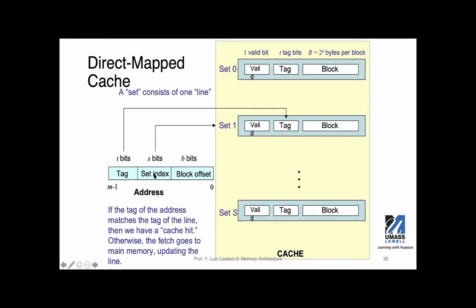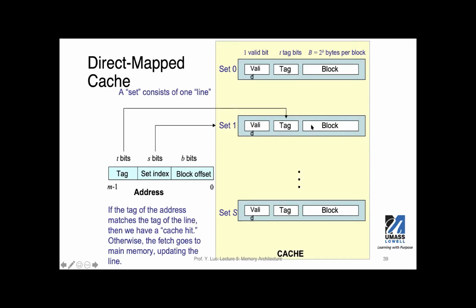Now, if we have data in, let's say, set number 1, let's say this 8-bit field is 00000001. So that's going to be set index 1. That will guide us to this set.